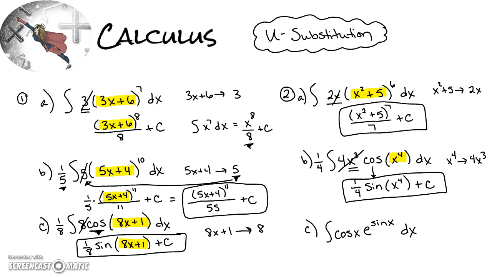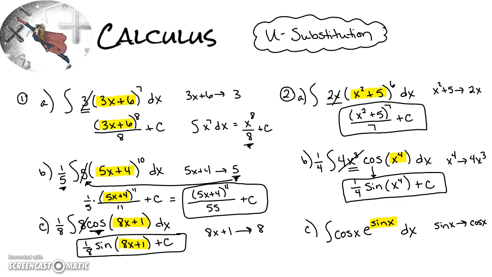All right, and then in this last one, we have an e in our problem. So the exponent of the e is acting like an inside function. So the sine of x is the inside. If I just jot down over here, the derivative of sine is cosine.